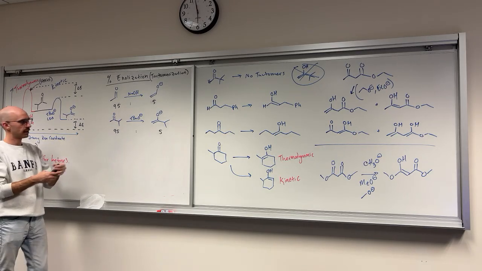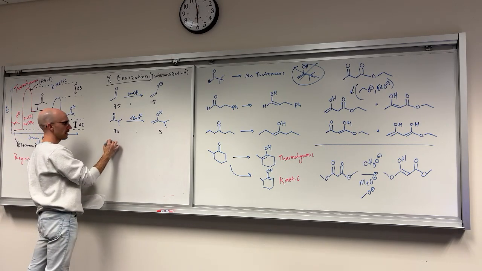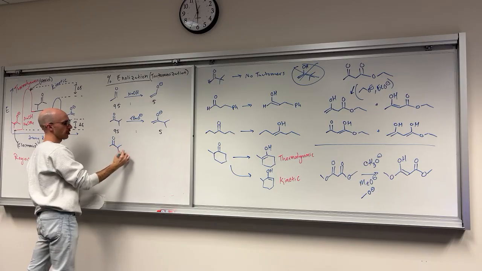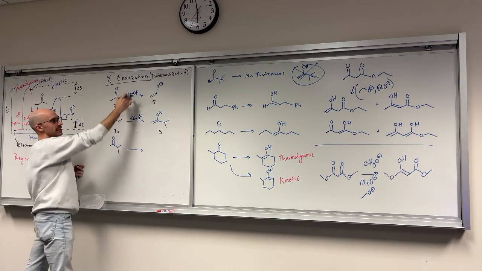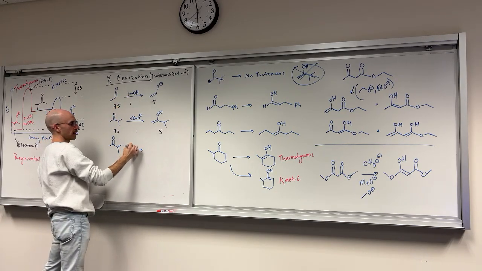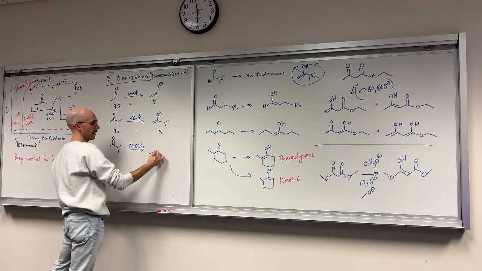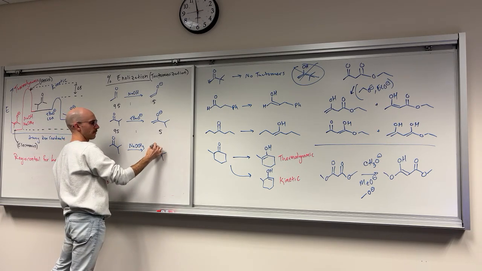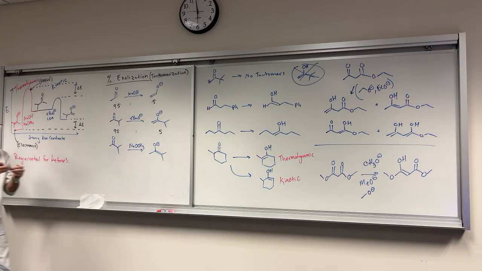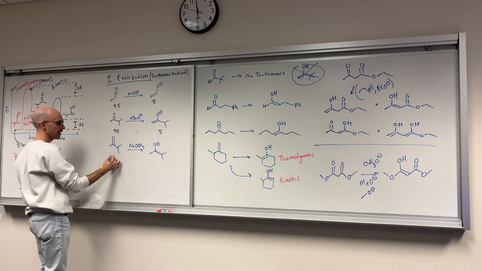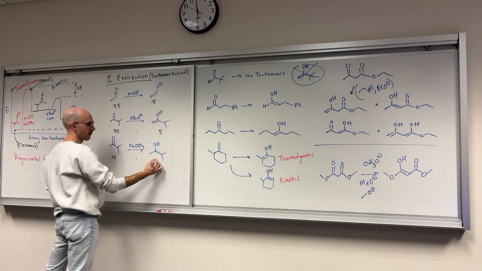Similarly, if I ran this ketone with a small base, let's switch it from sodium hydroxide to methoxide, where now I get the thermodynamic product. I'm still looking at 95 parts to 5.